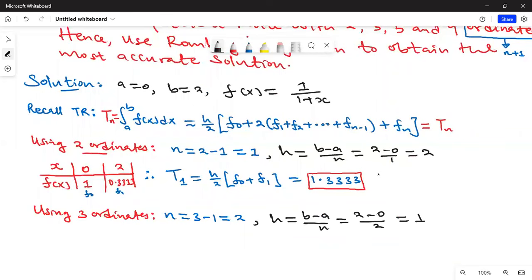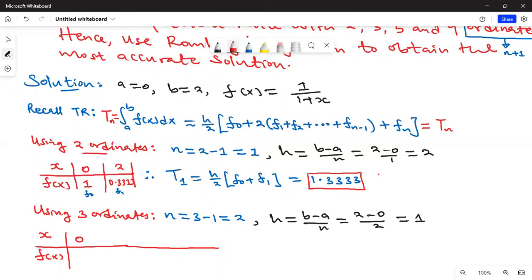Now, having found h, we need to come up with a table of x and f of x. Remember, we are starting from x equal to 0, and the step size is now 1.